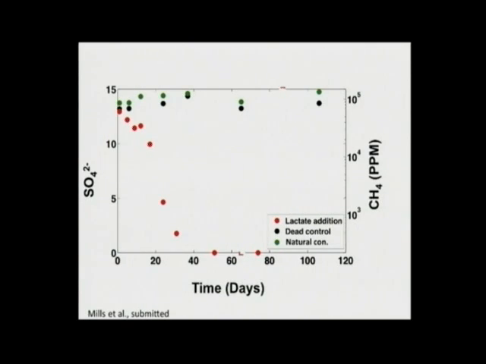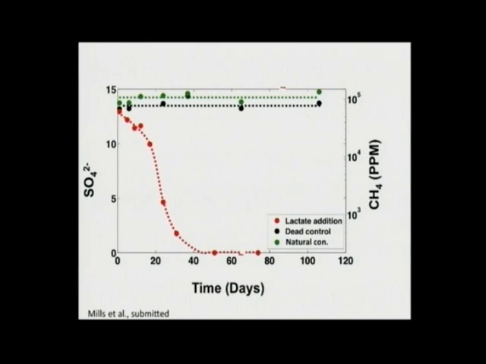So when we look at the sulfate concentration, we see that in the dead control there is no change in sulfate, which makes sense. But also in the sediment with the natural condition there is no change in sulfate, which makes sense because we didn't see any evidence for sulfate reduction there.